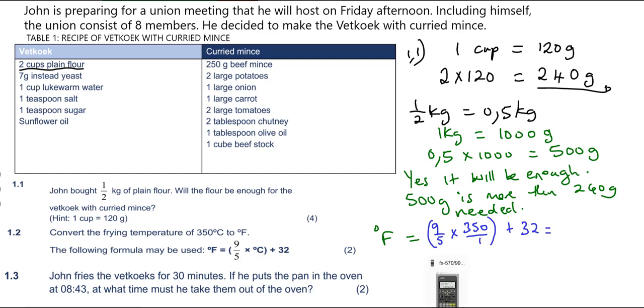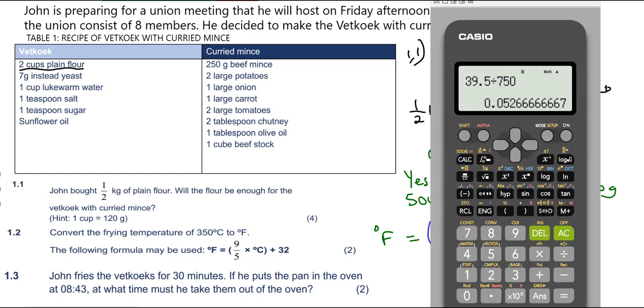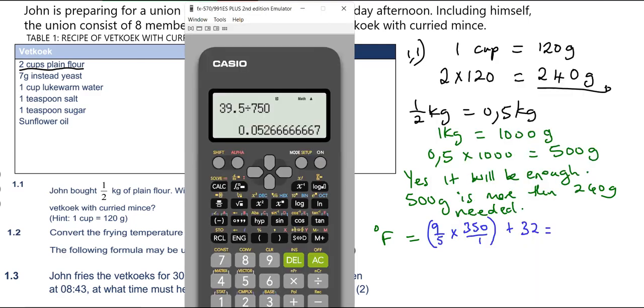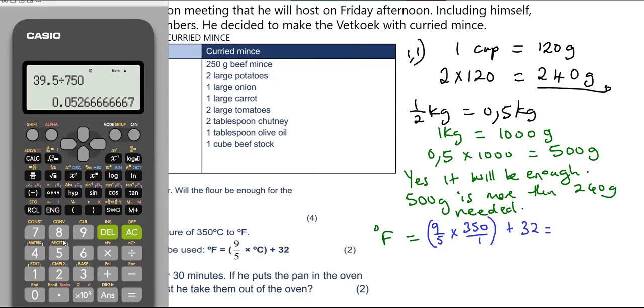So let's see what we get there. Let's have our calculator positioned here, and let's punch in what we have. You open your bracket, put in the fraction 9/5, times 350 over 1, then close your bracket and add 32.